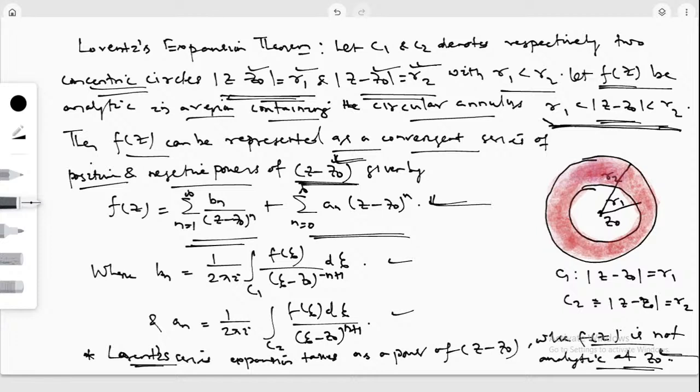Now we will go to problems, and I am not going to prove this expansion theorem. So next page we will do some problems.